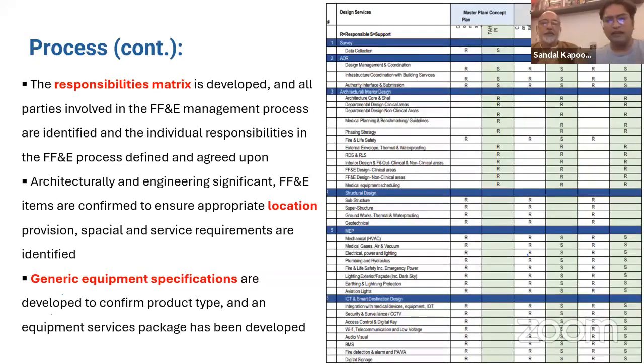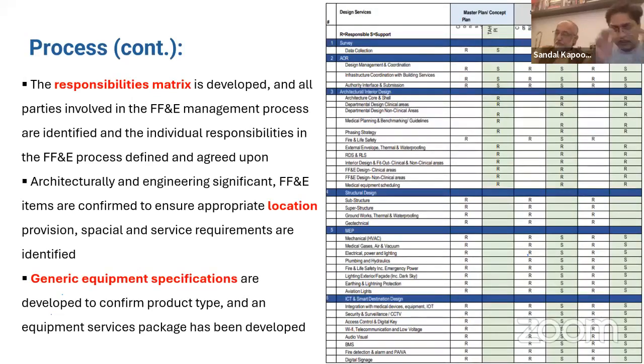For example, as an architect, when the functional program is in place, the architect must have designed the room, the space, as per the input given by the various other players, maybe electrical engineers, plumbing engineers, or sometimes even the equipment vendors.